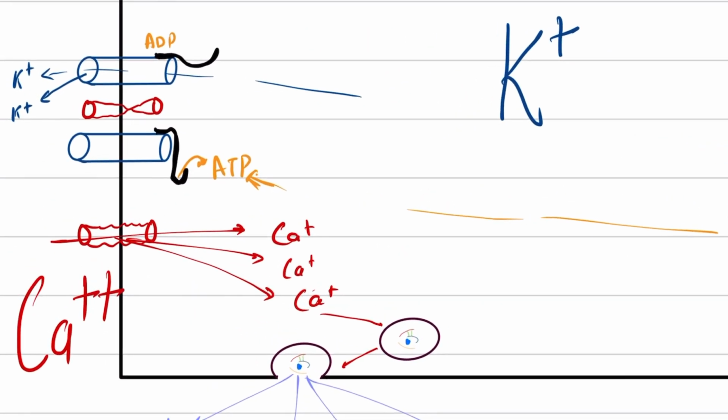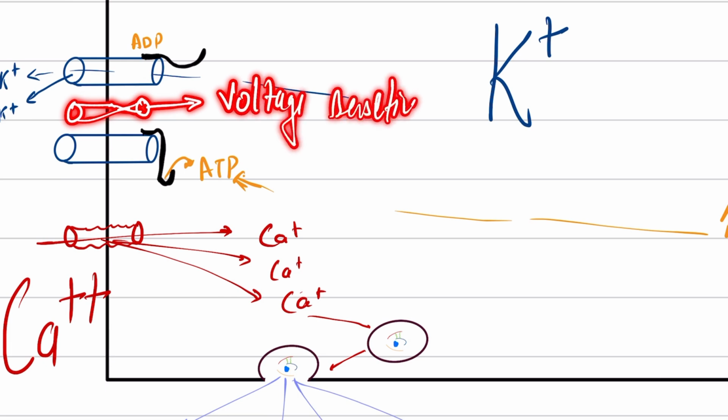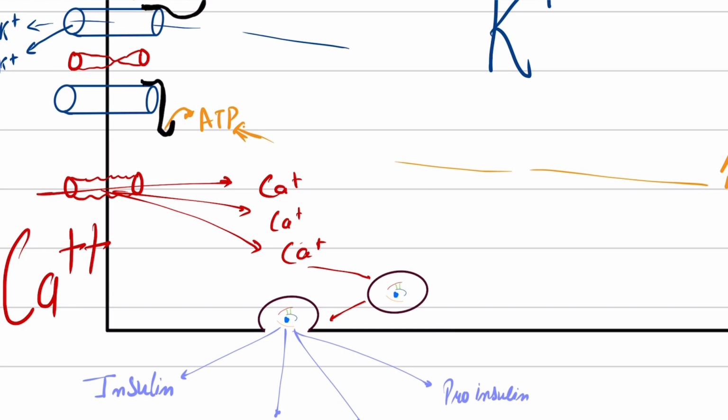Now we have one more channel which was previously closed. These are calcium channels, voltage sensitive calcium channels. This calcium channel will open as soon as the resting membrane potential goes down.